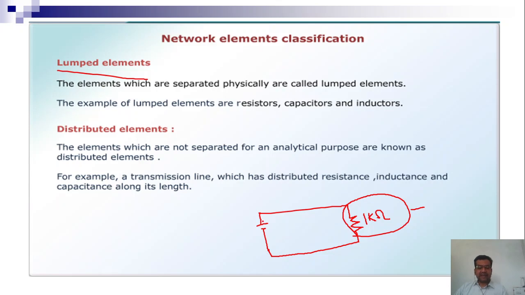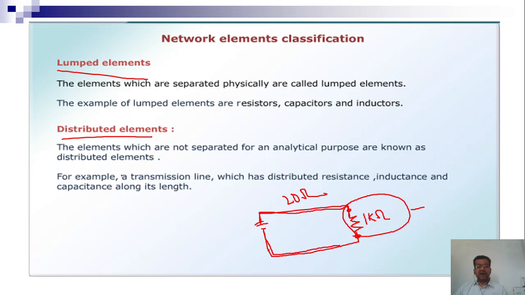But there is also the resistance offered by the wire connecting to your resistor. It might be 20 ohms or 10 ohms, whatever it may be. That resistance is called a distributed parameter.